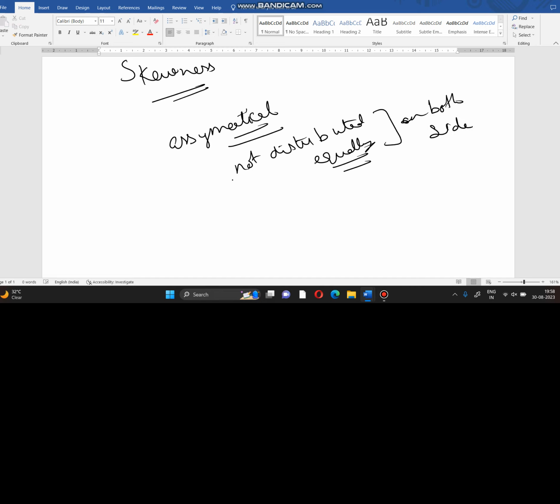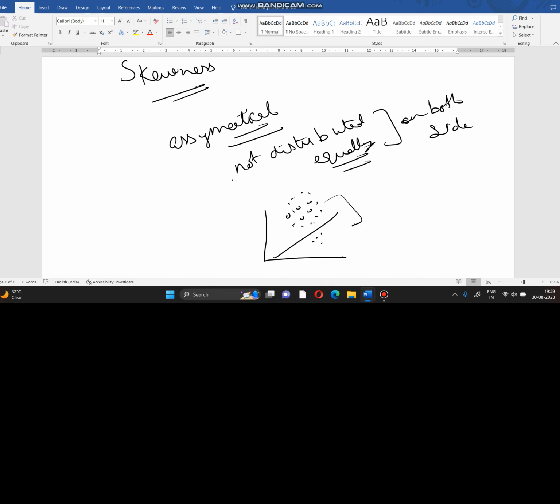Continuing with the same graph, if we have this best fit line along the mean point, and let us say most of the values are around this point and on this side we have only a few values, then the distribution is asymmetrical: the values are not distributed equally on both sides.